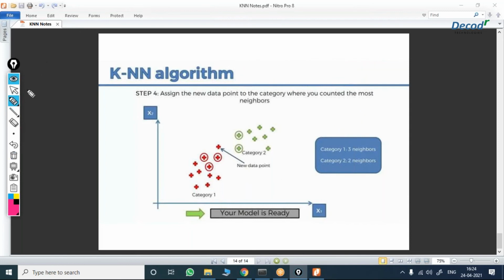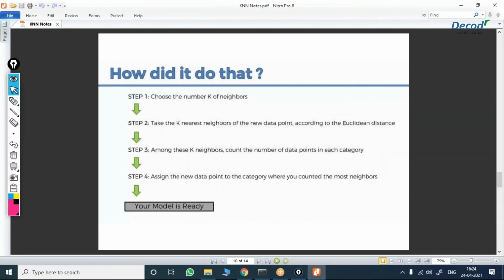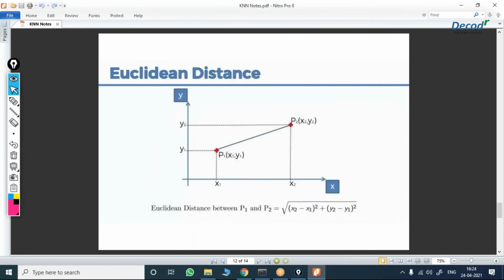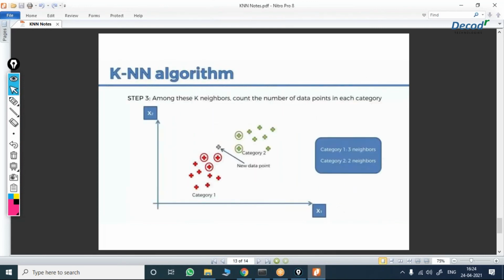So what are the steps? Whether it is a classification problem or a regression problem, the first step, choosing the k value, is common. Second step is calculating the Euclidean distance with all of them, it is common. Next step, identifying the nearest neighbors. If you write 5, it identifies the 5 nearest, this is also common.